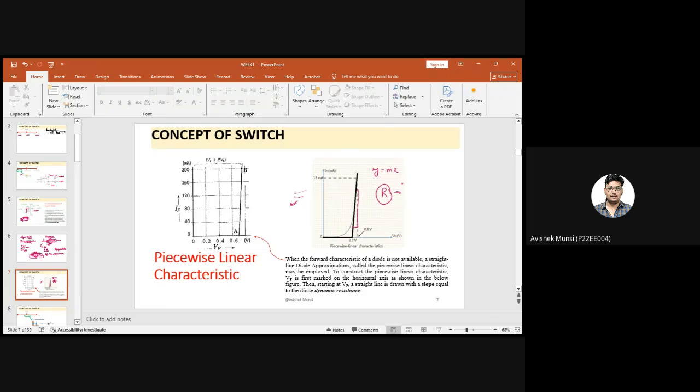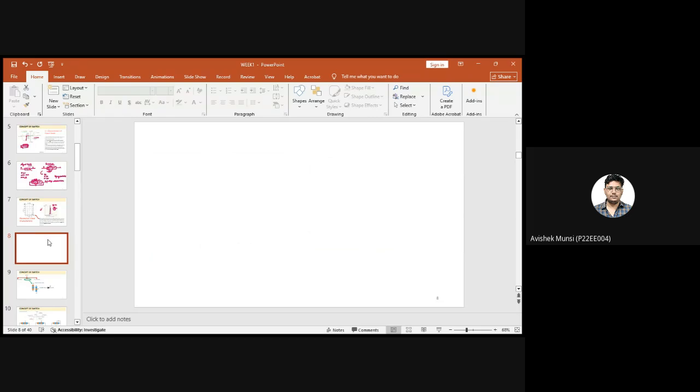and the power diode can be categorized into three types, mainly which you will use in power electronics. There are three types of diode which we use. One is the general purpose diode. General purpose diodes have high reverse recovery time.